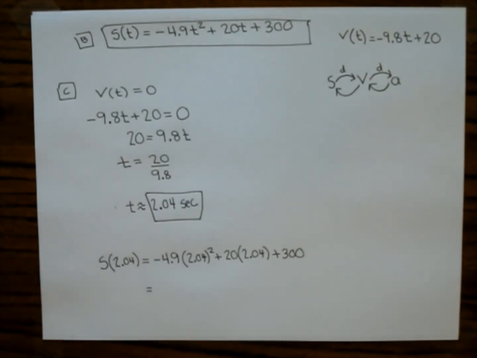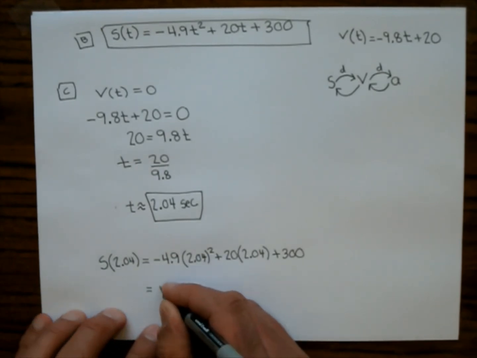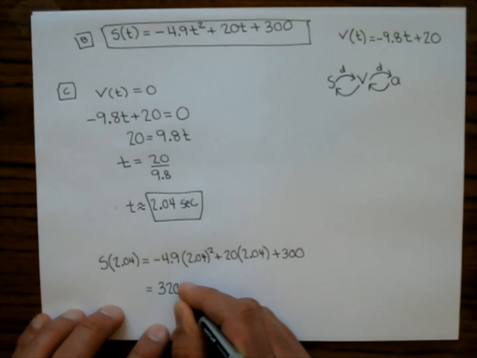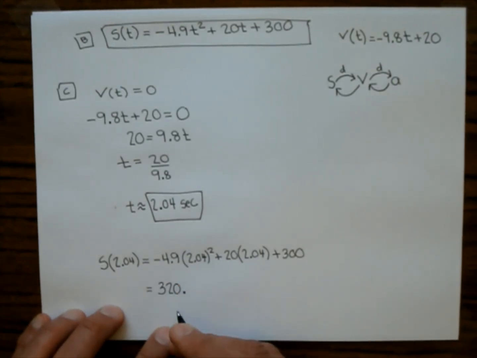And what I'm getting for that is negative 4.9 times 2.04 squared plus 20 times 2.04 plus 300. So this is giving me 320.4081.